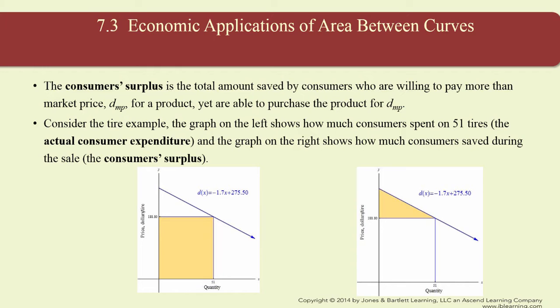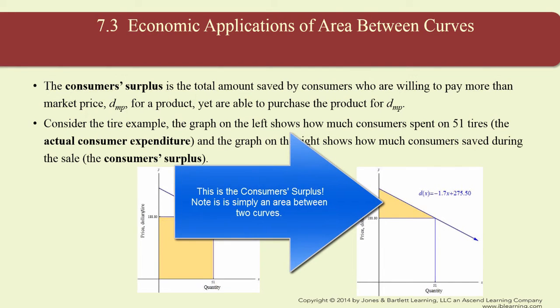Now look at the graph on the right. The graph on the right, that little triangular region that's shaded, shows the total amount consumers, quote, saved during the sale of $188.80 for the tires. So that total amount that's saved, that is the consumer surplus.